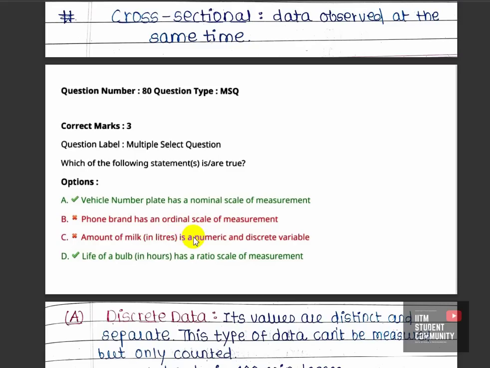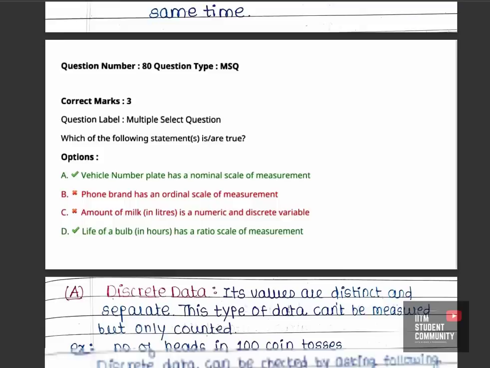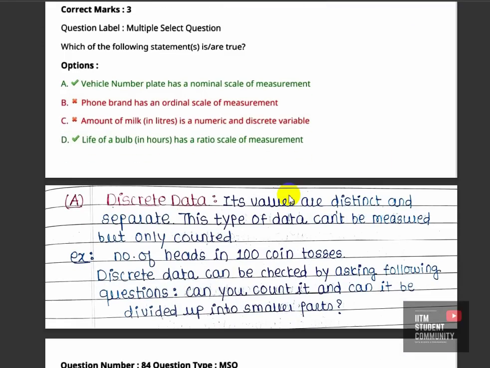Amount of milk in liters is a numeric and discrete variable. We know numeric variable means quantitative variable. Now discrete variable is a new part over here. We'll see what is a discrete data. Its values are distinct and type of data can't be measured but can only be counted.